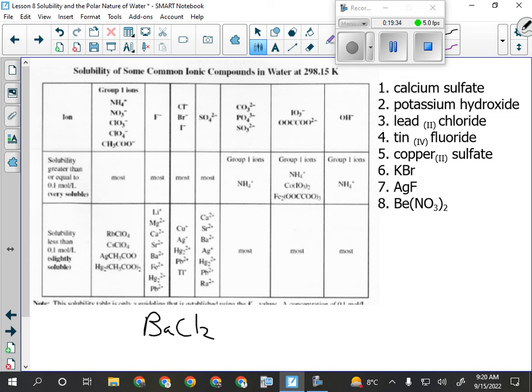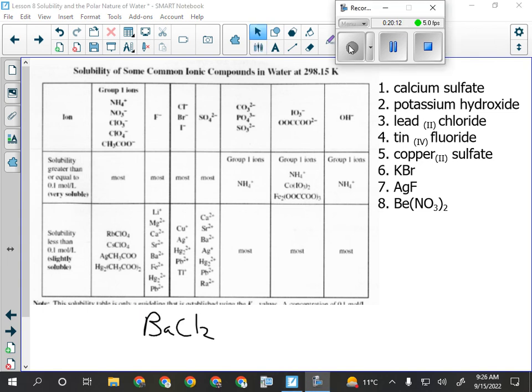It says it's soluble with most things, but it's not soluble with copper, silver, mercury, lead, or thallium. Since barium's not in here, barium must be part of most, and this would be soluble in water. Remember how that works? Those 8, write them down and write beside them S for soluble, NS for not soluble. Then we'll go through them together in a minute.